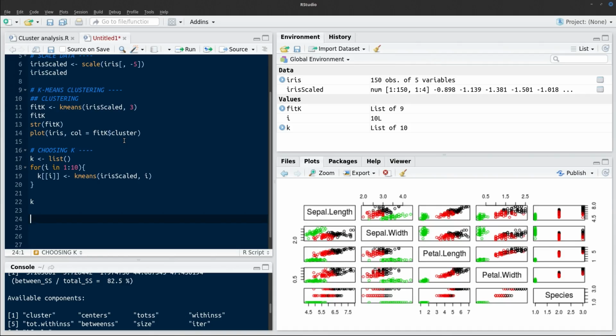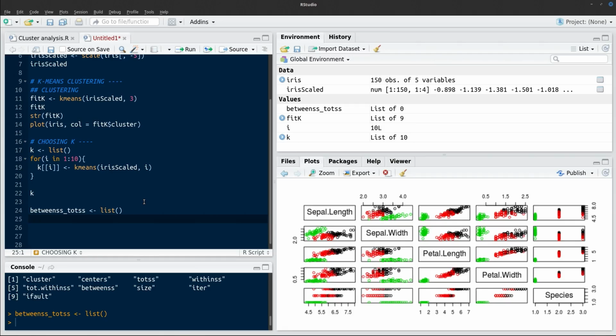So let's calculate the between sum of squares divided by the total sum of squares for each k-means model. Let's initialize an empty list, and then we're going to use our handy for loop again for I in 1 to 10. The between sum of squares divided by total sum of squares at index I is going to be equal to the between sum of squares.